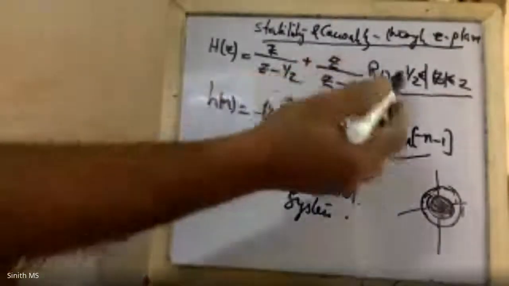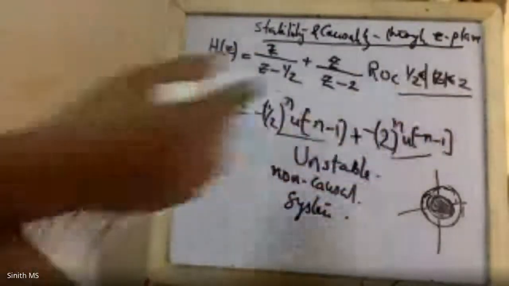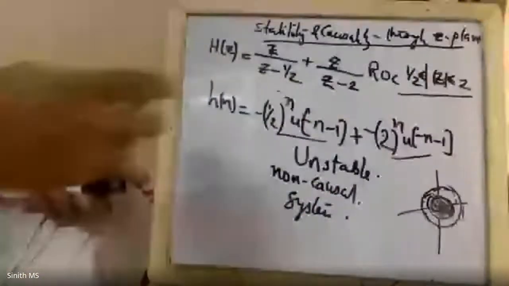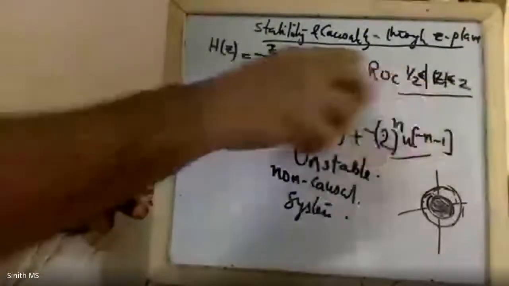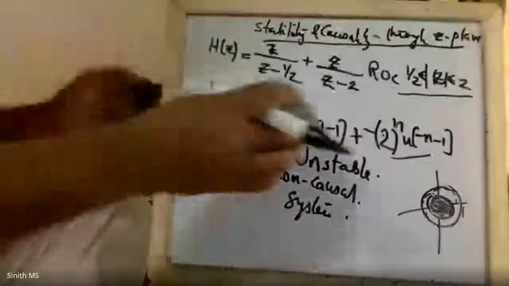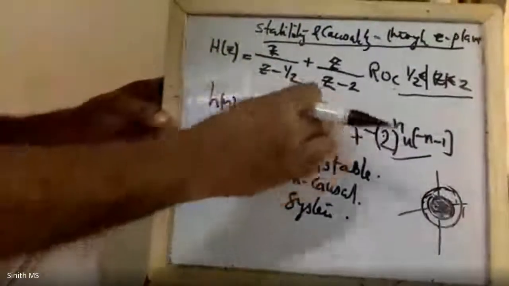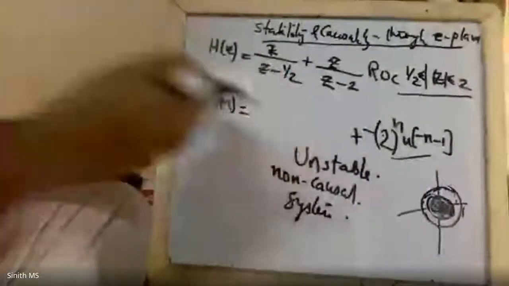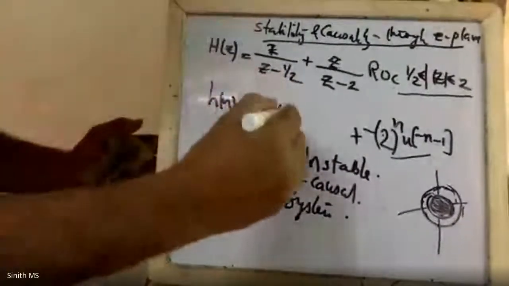You can see that if the ROC is between half and 2, |z| is greater than half. So the inverse transform of z by z minus a will be a raised to n u[n], so half raised to n u[n].